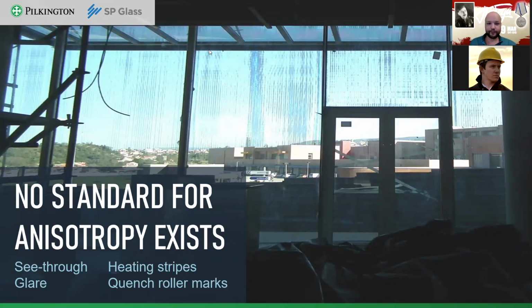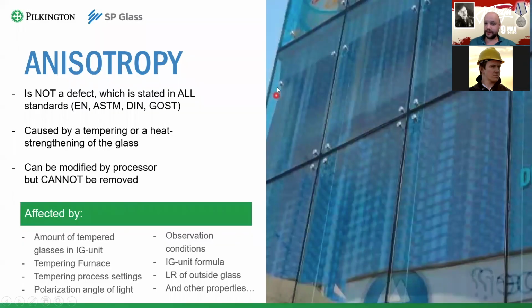Simple as that. And again, if somebody is claiming this to you, always feel free to refer to any of the standards regarding tempered glass from any country, from all of them, because all of them are stating, no, this thing is natural.